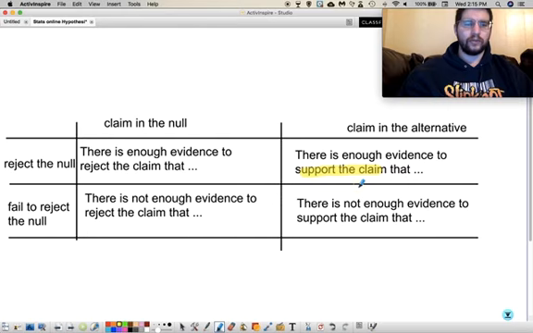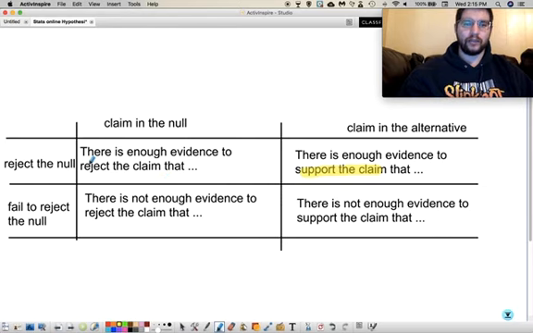If we don't reject the null, then we can't support the claim. If the claim is in the null, there's not enough evidence to reject it, but that doesn't say we support it. So we can't support these claims if they're in the null.